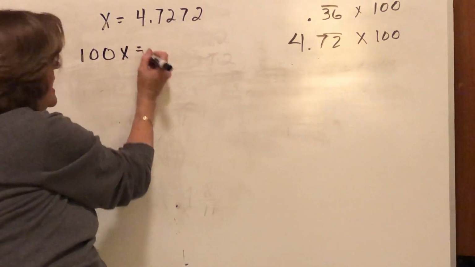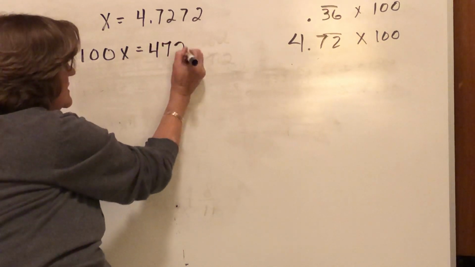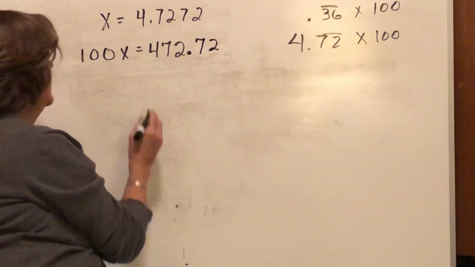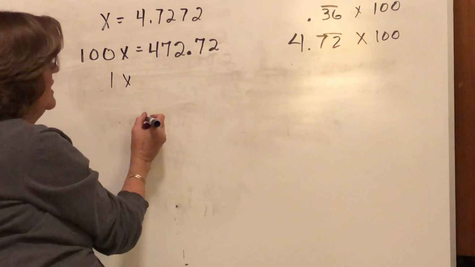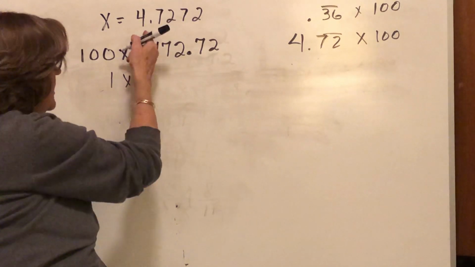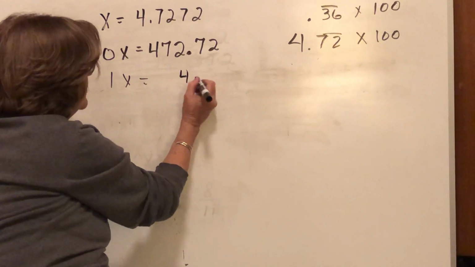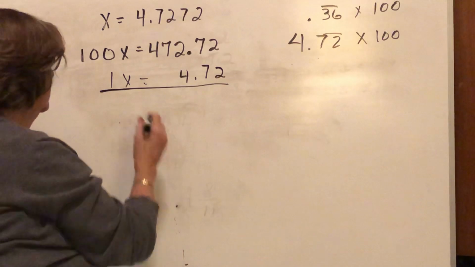That's 100x, and that's going to move my decimal 2 places to the right, 472.72. And now when I subtract 1x here, on this side, of course, I have to subtract the whole statement, 4.72. All right, so we're good.